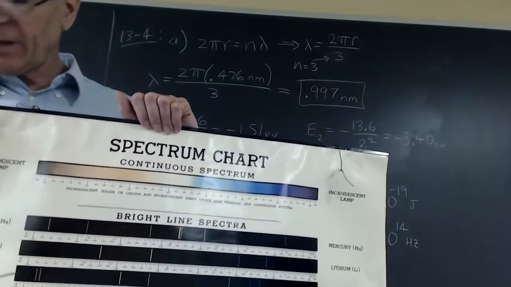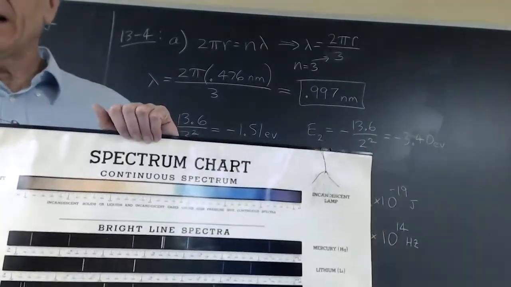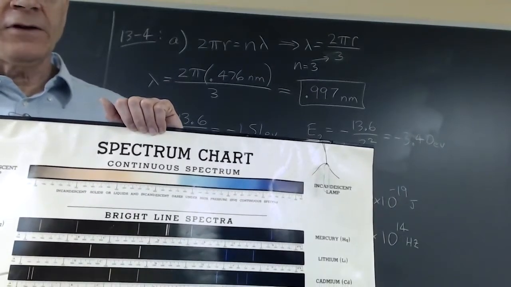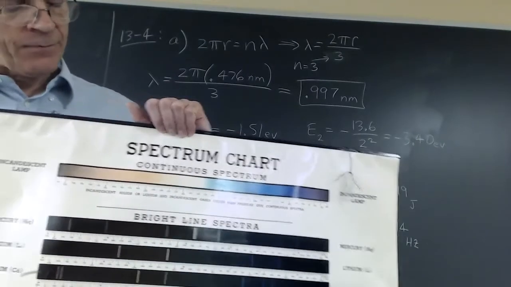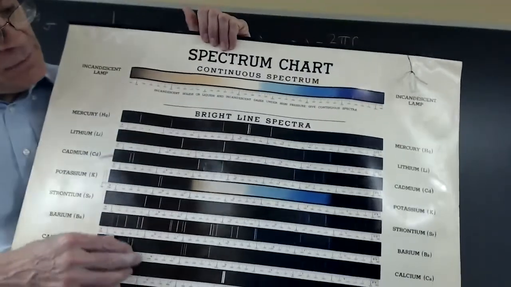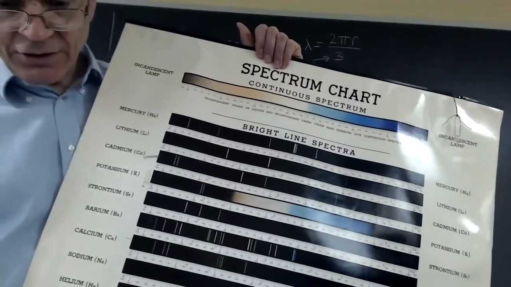You get a continuous spectrum from a hot solid, like the filament in an incandescent light bulb gives off a continuous spectrum, okay? A thin gas gives off some sort of a bright line spectrum. So maybe I should get you a little closer.